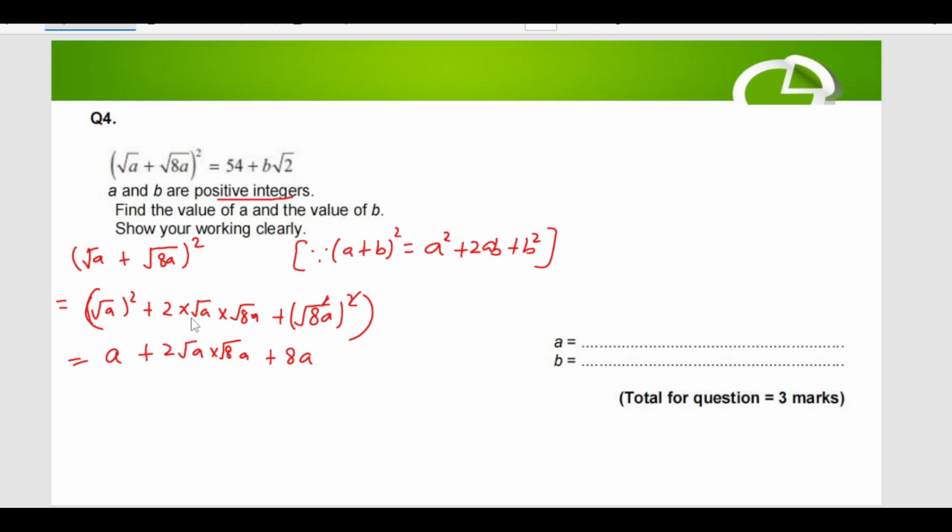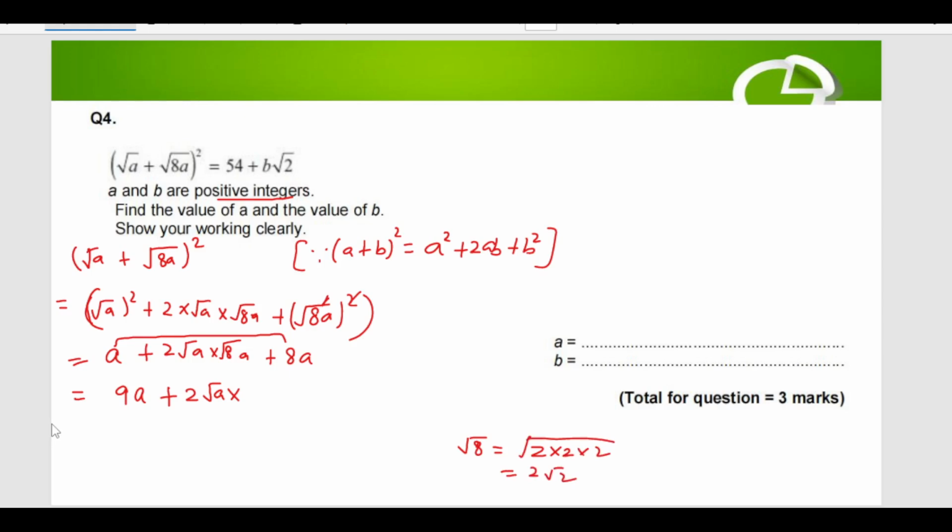So now if we combine these like terms here, what will we see? We will see here you have 8a plus a, this is 9a, plus this 2 square root a. I'm splitting this: square root 8 is square root of 2 times 2 times 2, so we have 2 root 2.